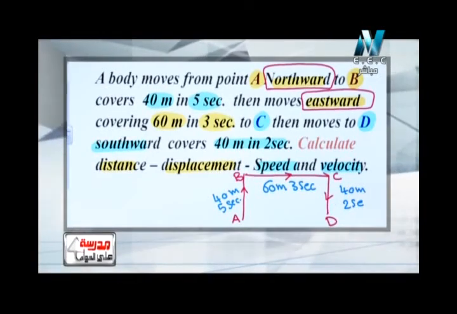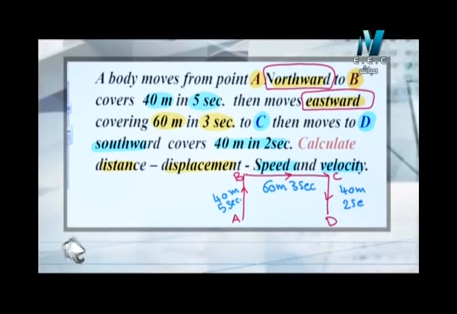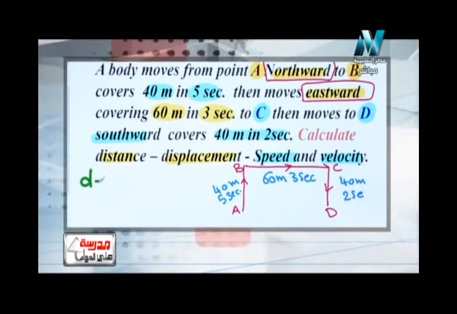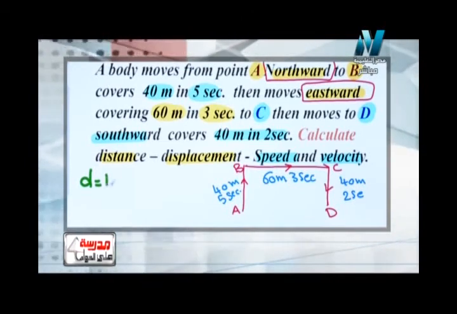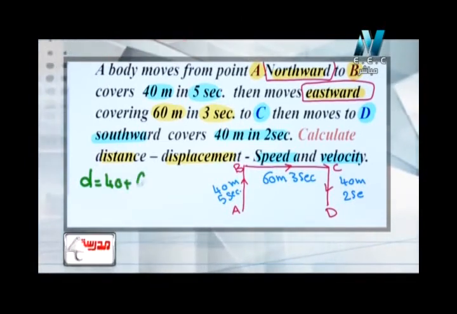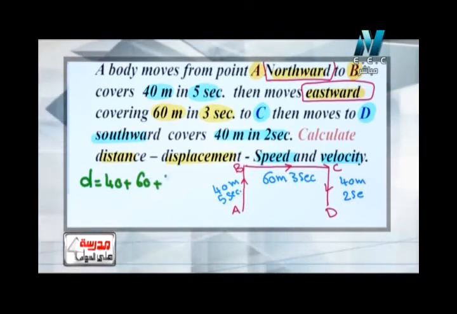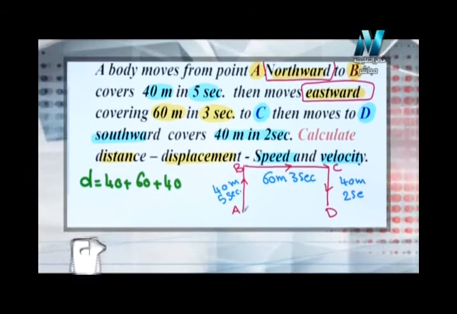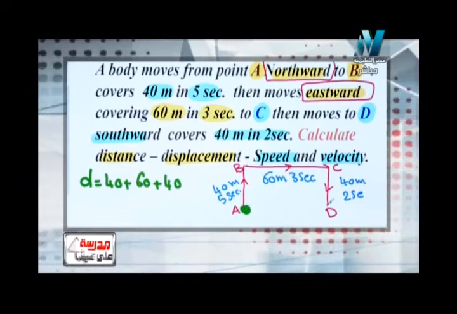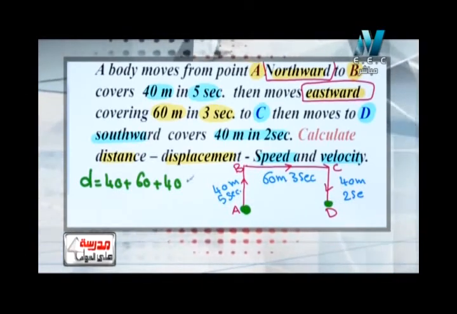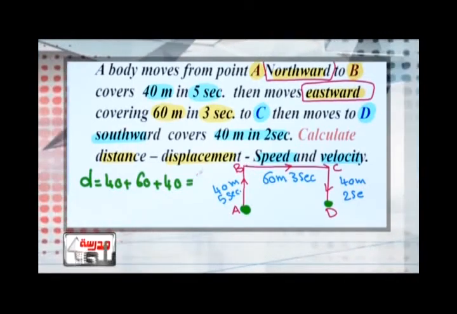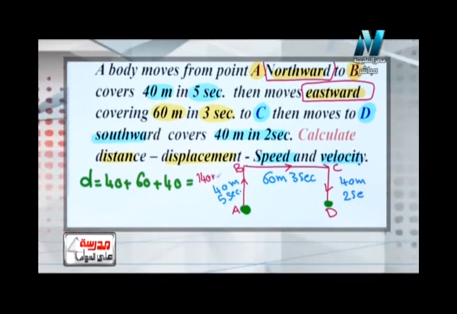We need to calculate distance. Distance is the actual length between 2 points. So D equals what? Equals 40 plus 60 plus 40, because we have the actual length between the starting point and the ending point. So this distance equals here 140 meters.